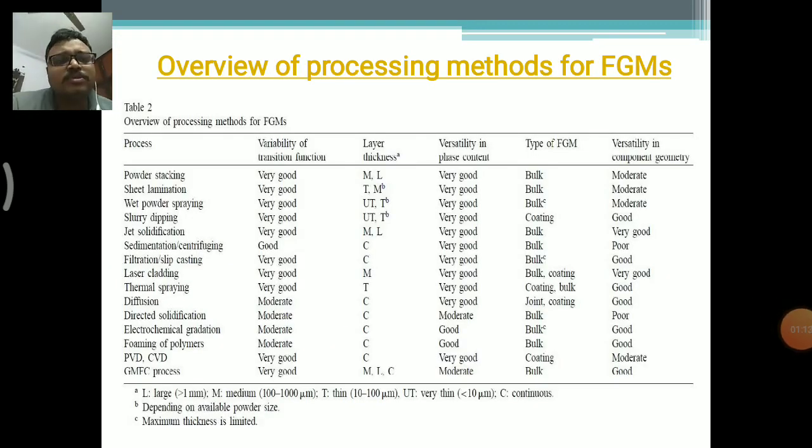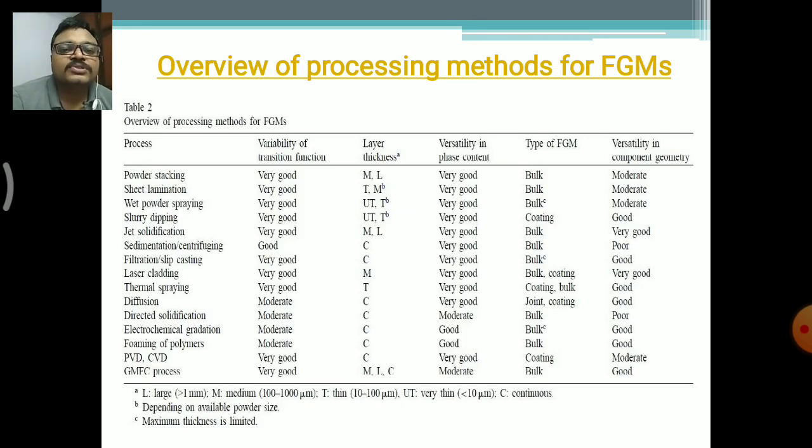So coming to the overview of processing methods for FGMs, there are different types of FGMs. Mainly they are classified into two types, thin FGMs and bulk FGMs. In the processing methods, bulk FGMs are heavily used due to their elastic properties and user-defined properties.